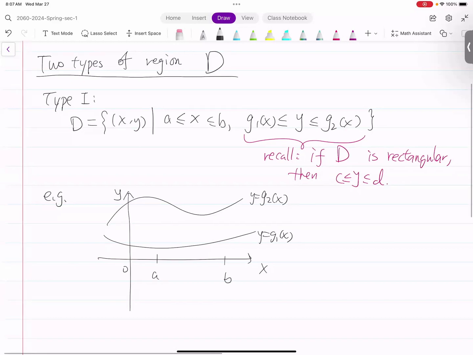It could be the region upper bounded by the function g2, lower bounded by the function g1, and we have two vertical boundaries, shown dashed.